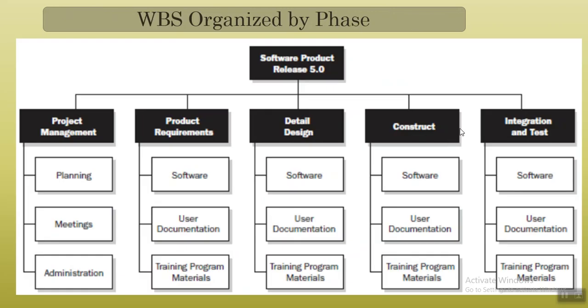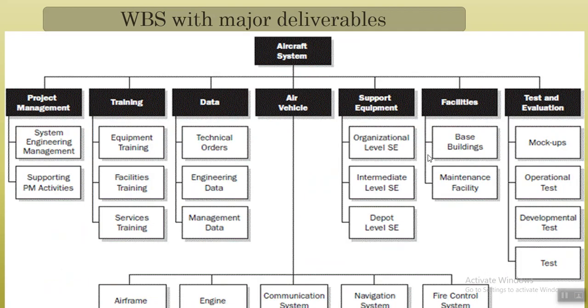The next example is the decomposition done on the basis of phase or the part of the process cycle the task falls in. Like we have SDLC, project management, requirement specification, design, integration, and testing. The third depends on the major or key deliverables that have to be provided. This depends on the type of product which we are delivering.